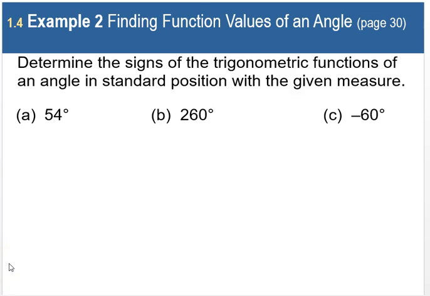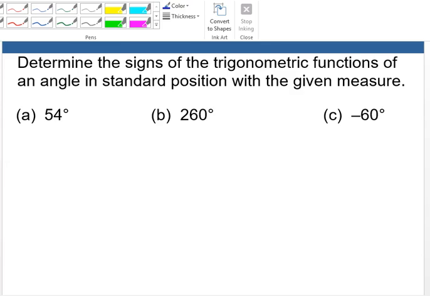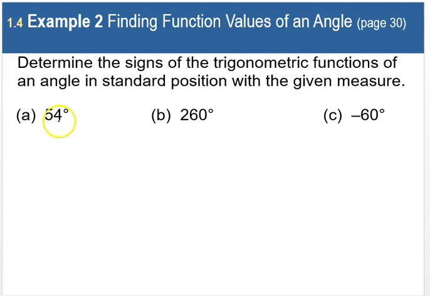Okay, so in example 2, we're going to determine the signs of the trigonometric functions of an angle in standard position with the given measures. So part A, this angle right here, I'm going to draw this out for you. This lies in quadrant 1, so it looks something like this.